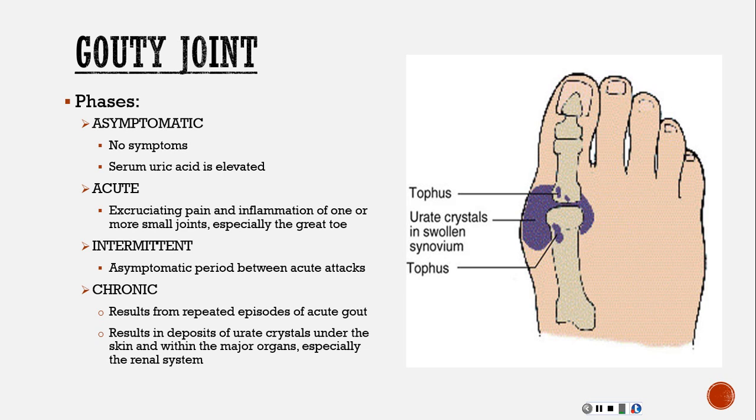All right. Yes, beans also. All right, so attacks may be precipitated by trauma, diuretics, increased alcohol consumption, or an increased purine diet. So those foods that are high in purines, high proteins, mainly.